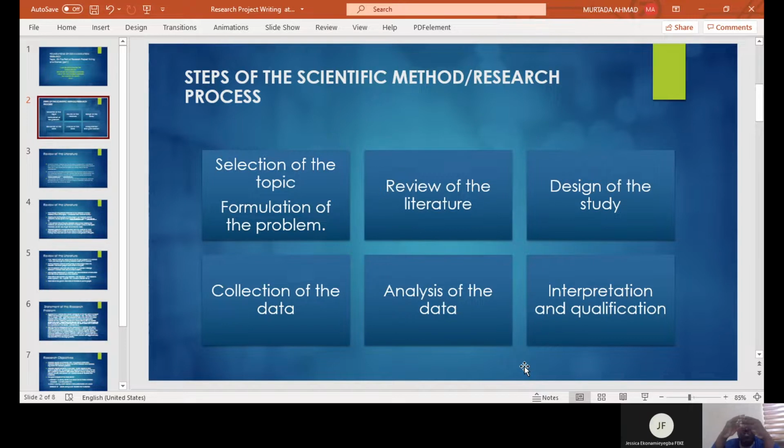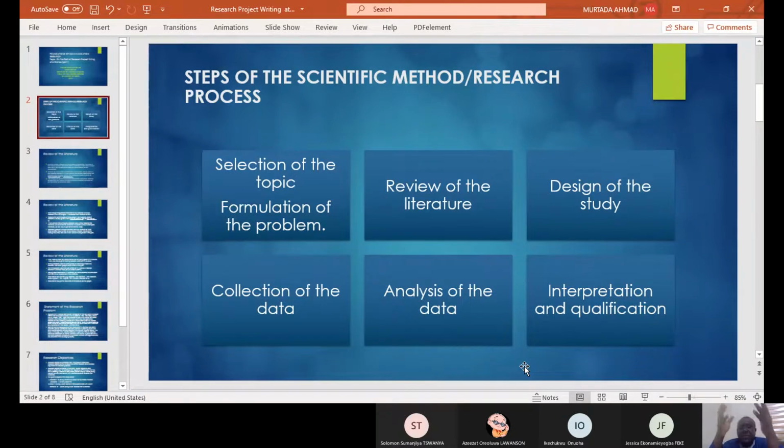The literature is a world on its own. When you say literature, it is very wide, but we have to ask ourselves the conceptual area, the concept that we like to deal with, and of course the theory.